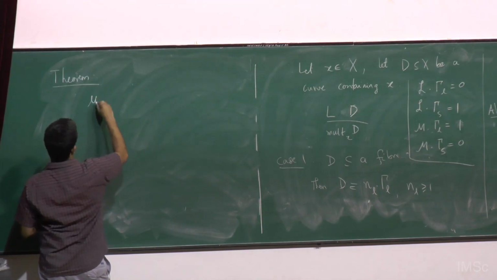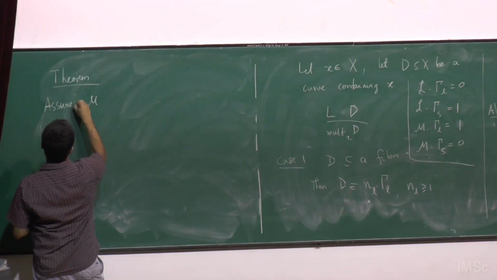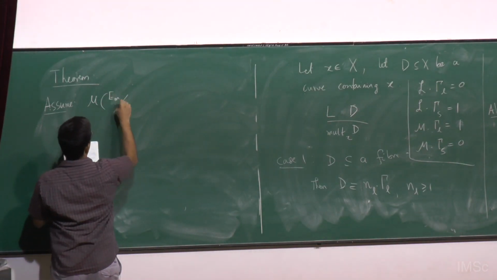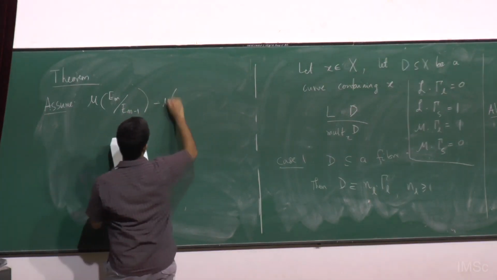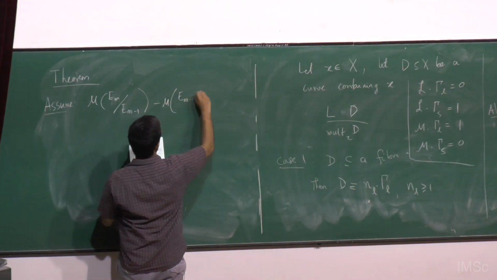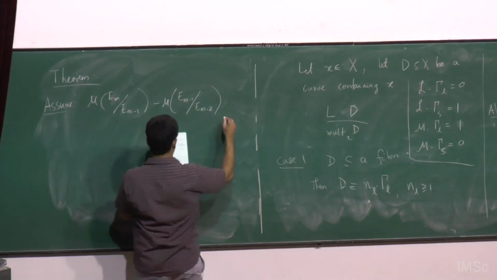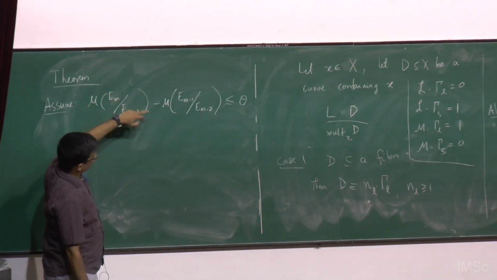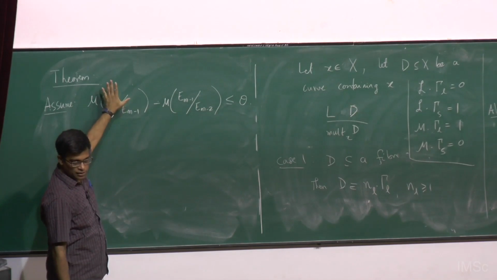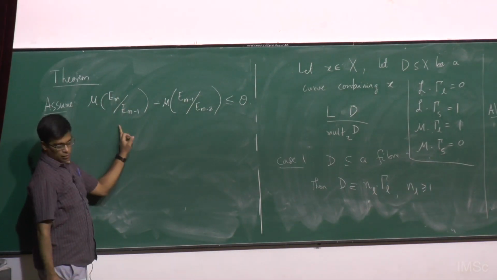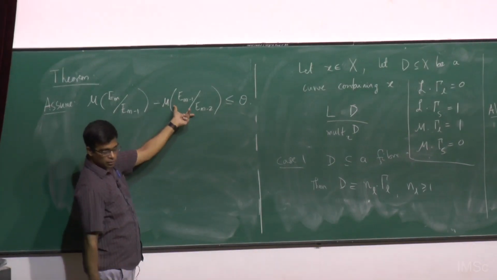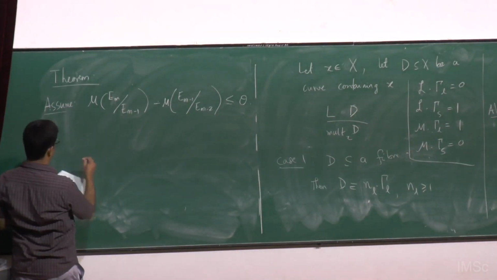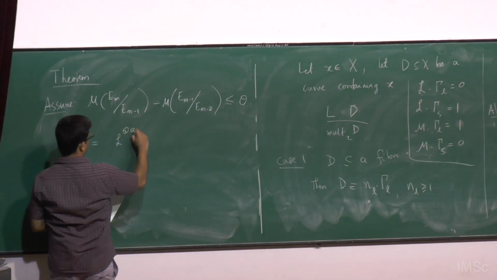So assume that mu, so this is the assumption. Okay, so this is a fairly technical inequality here, but remember that E over E_{m-1} was R, which was the starting point of all this. So we want that the slope of that particular quotient minus the previous one to be less than or equal to the degree of E over E_{m-1}. So this surely means nothing for you now, but this is what we want.